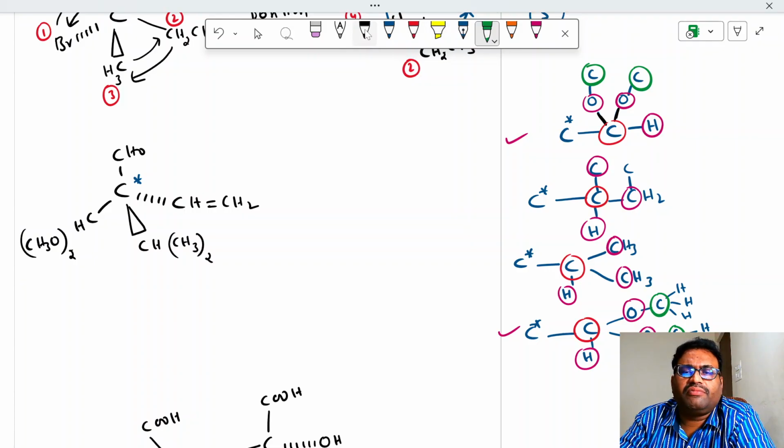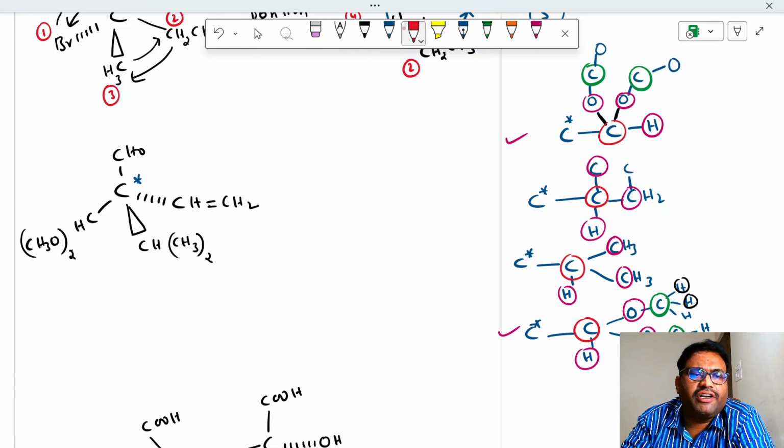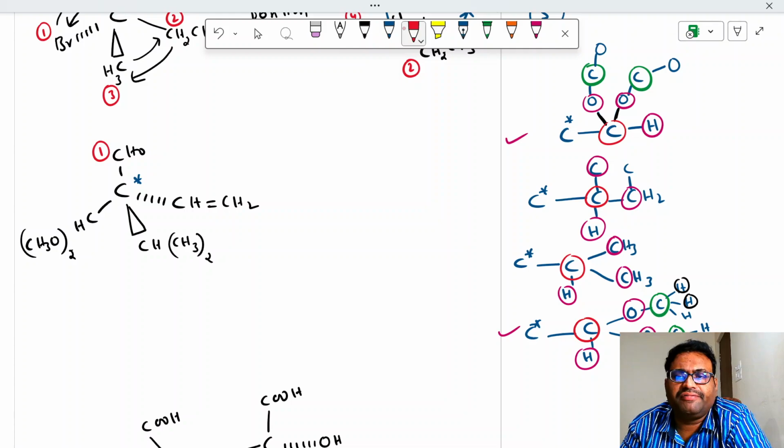Next atom, what will be the next atom? The next atom will be actually oxygen, oxygen, because carbon is attached to oxygen, no? Here oxygen, oxygen. Here what is present? Hydrogen. Okay, hydrogen. So who will have first priority? This will have first priority, high priority, priority number 1.